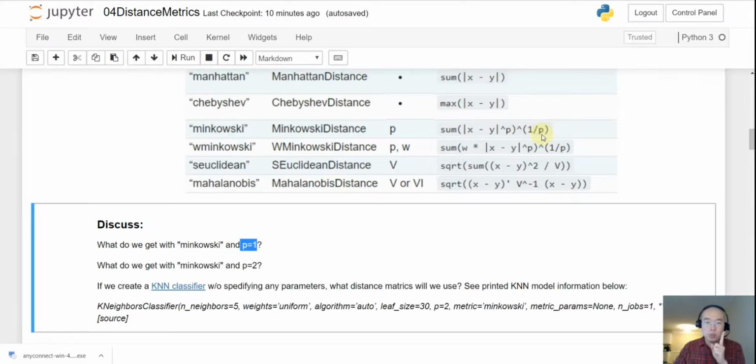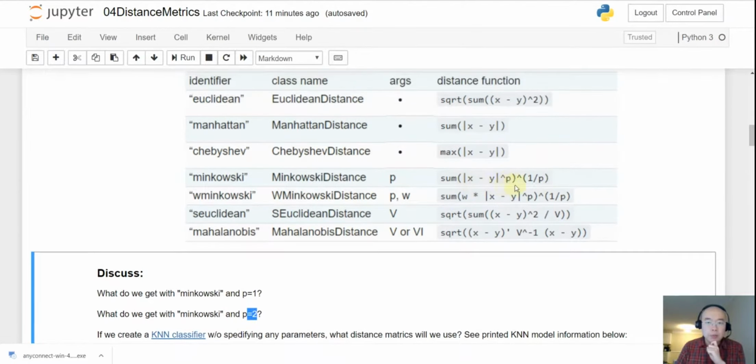That is really the Manhattan distance. And if we do Minkowski with the p-value as 2, where this p is 2 and this p is 2, what is that? That is Euclidean distance, right? So we can say the Manhattan distance and the Euclidean distance are the degree 1 Minkowski distance and the degree 2 Minkowski distance.